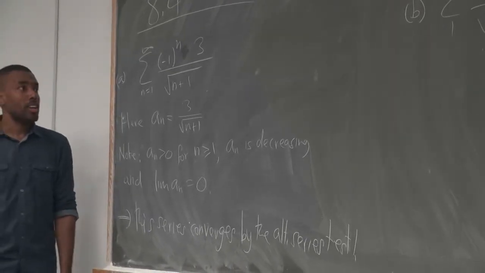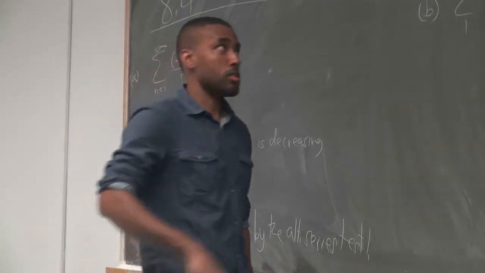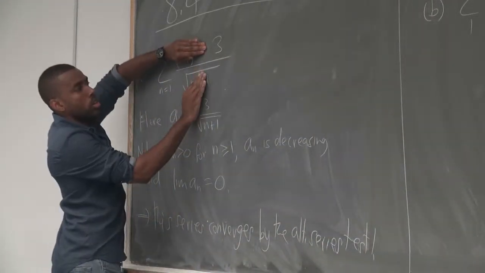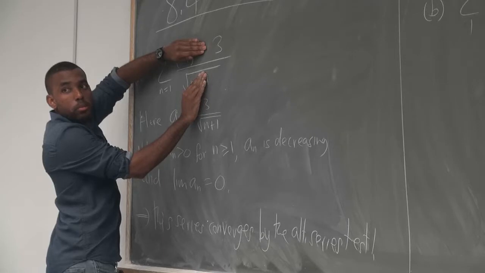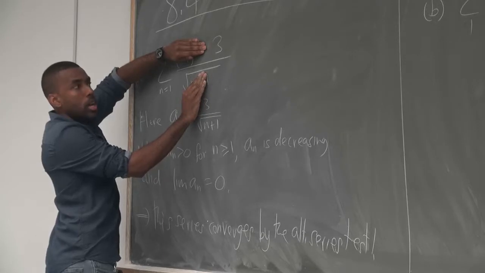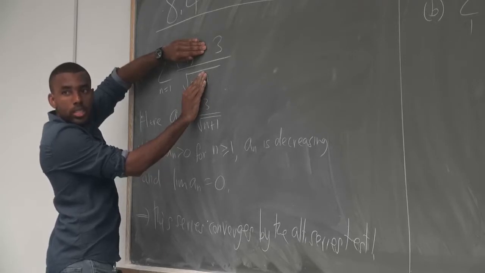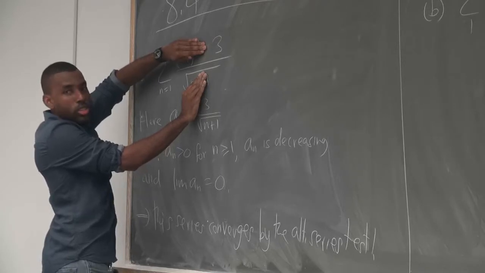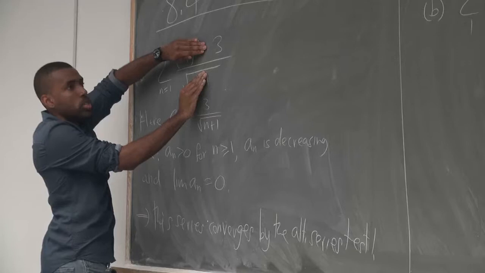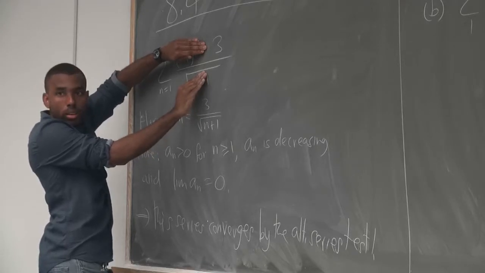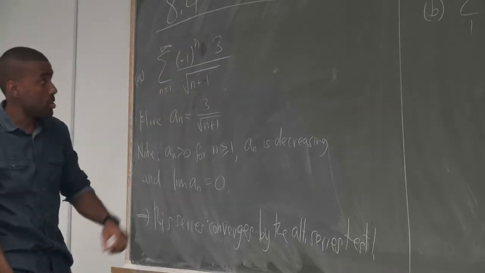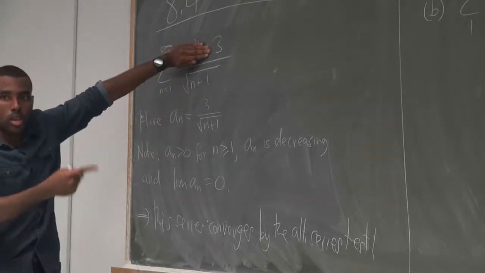You can use the limit comparison test to prove it diverges. If you take away that 1, you make the thing bigger. However, that's a divergent p-series, so the bigger one diverging doesn't tell you anything. But you can do the limit comparison test, and the limit would give you 1. Since the other one diverges, this one does too. So you can prove that without the alternating sign, it will diverge.